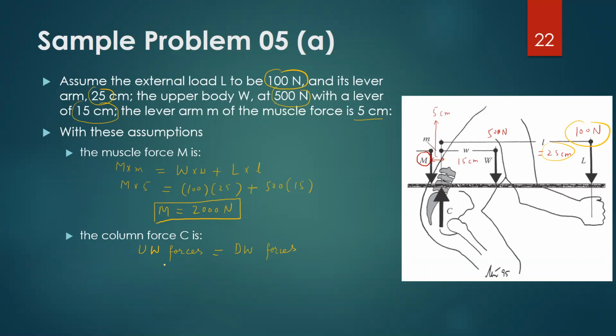So this C is acting upwards, so that will be equal to, all other forces are downward, so they are L plus W plus M. So that is 100 plus 500 plus 2000, so that turns out to be 2600 newtons.